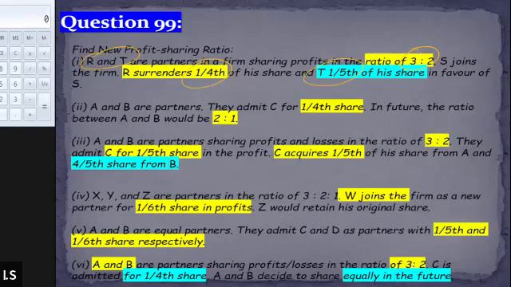There are two partners R and T, their existing shares are given as 3:2. They are sacrificing in favor of S. R is surrendering 1/4 of his share, and T is sacrificing 1/5 of his share.